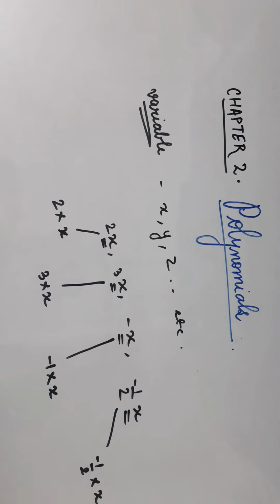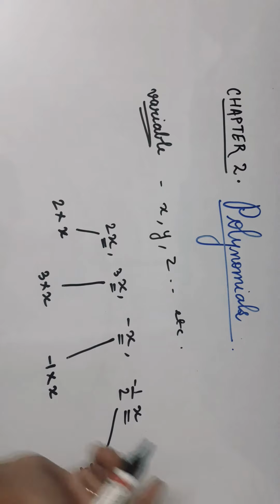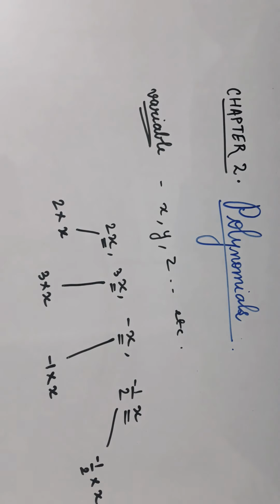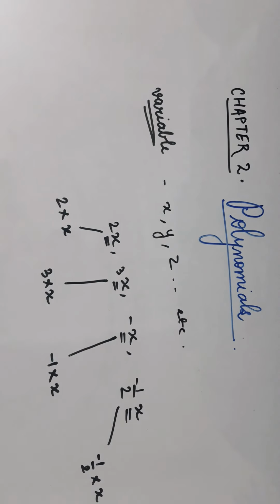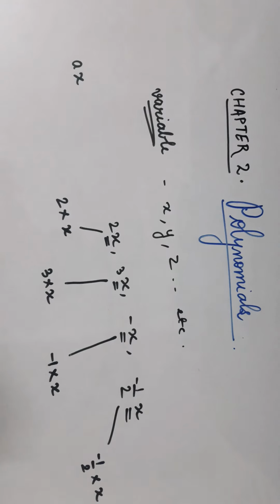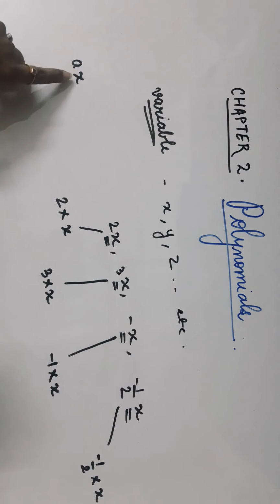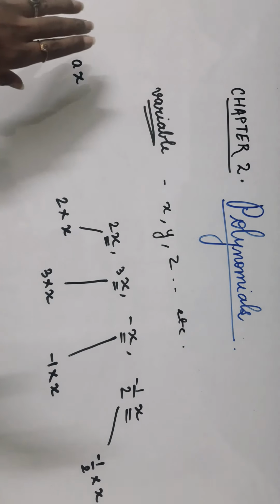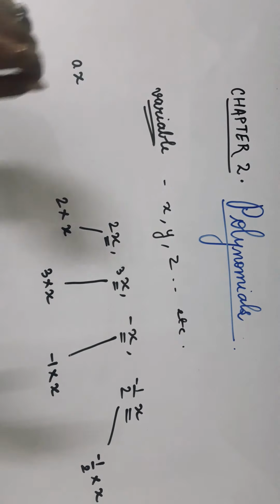Let us assume that constant to be a. So I will write it here: a x. Here a is a constant multiplied with a variable x. Now a has a fixed value.